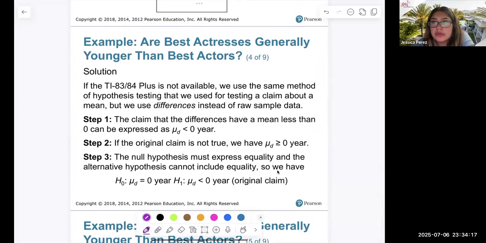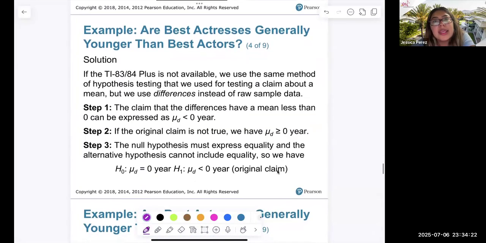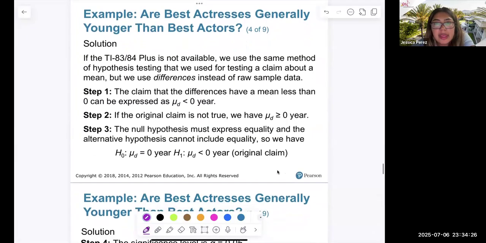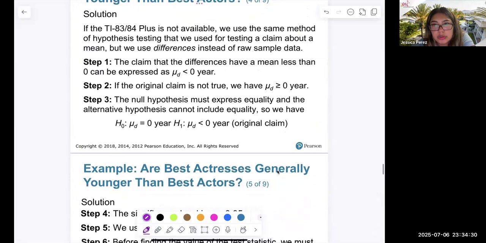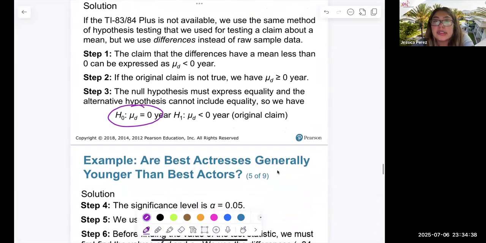If we want to do it step by step, we begin by looking at the claim that the differences have a mean less than 0. So we have MD is less than 0. The original claim is not true, so the null hypothesis is the equality: H0 is MD equal to 0.